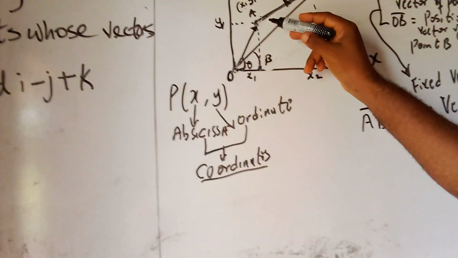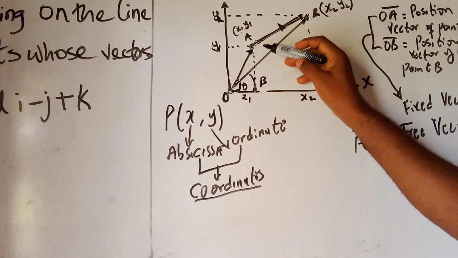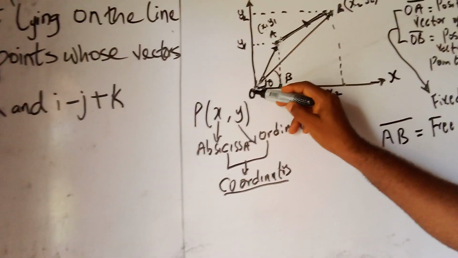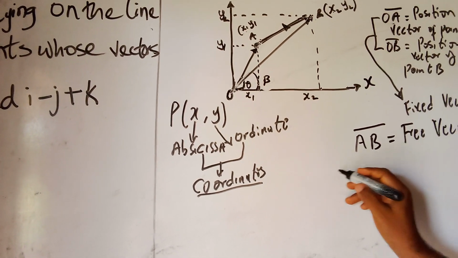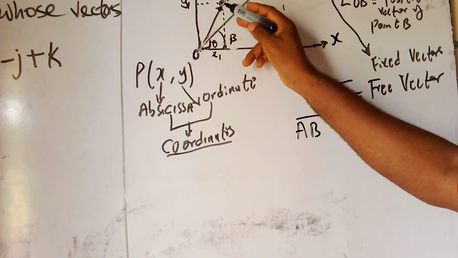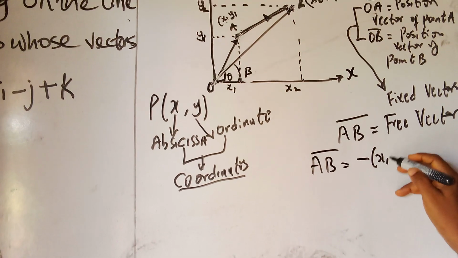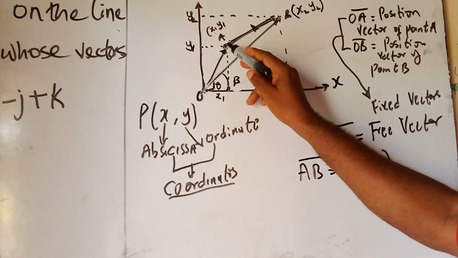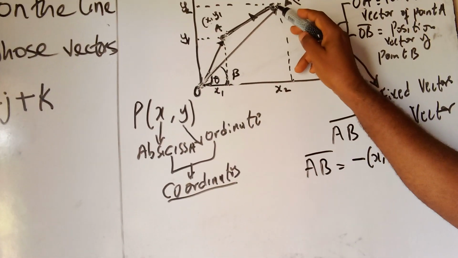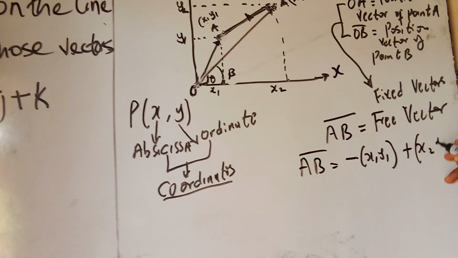Now, if I want to describe vector AB, this is what I'm going to do. Vector AB, that means moving from A to B, is like moving AO, then OB. So moving from A to B, I will move against vector A. So the vector A becomes negative x1, y1. Since I'm moving from A to O and O to B, I'm moving along the location of vector B, so it's positive. I write that plus x2, y2.